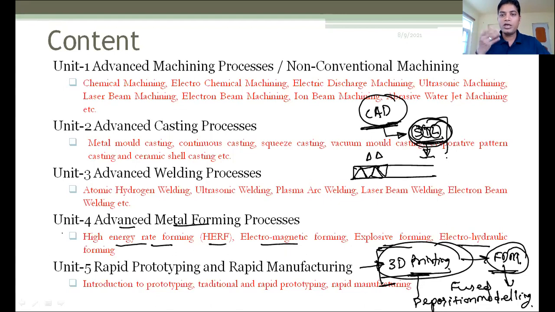For that, what is needed? The material. We can go for PLA, we can go for ABS, or we can go for nylon as well. Whatever the melting range, if it is below 450 degrees centigrade, then these kinds of materials melt and initially get fused.